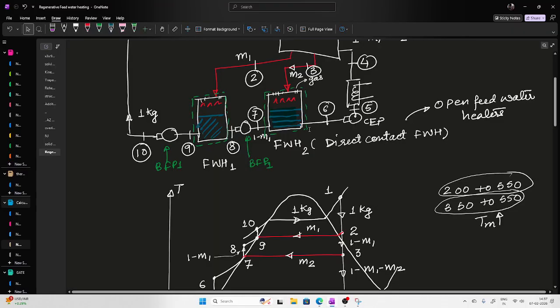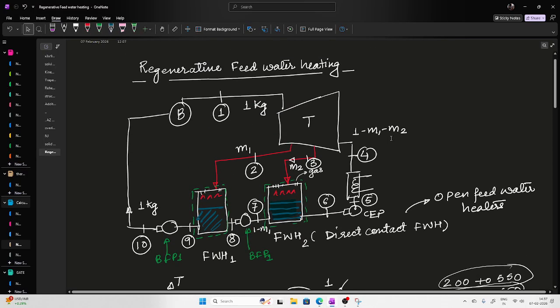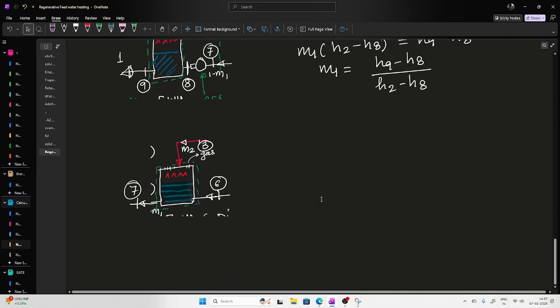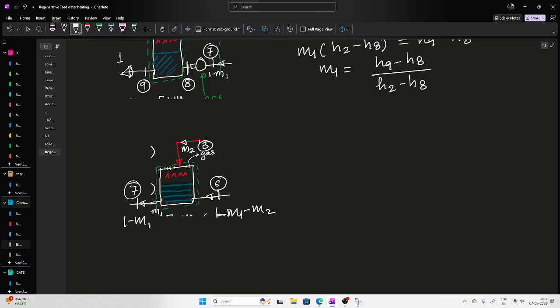Okay. So the mass which is entering as water is 1 minus m1 minus m2, and it is leaving as 1 minus m1, as the m2 amount will be added. So the entering mass will be 1 minus m1 minus m2 and the exit mass will be 1 minus m1. For this control volume, again there is no shaft work, and no heat loss from this feed water heater, I am assuming.